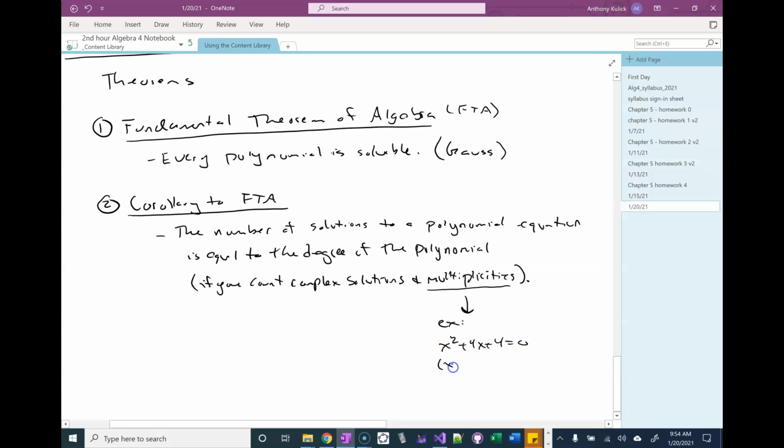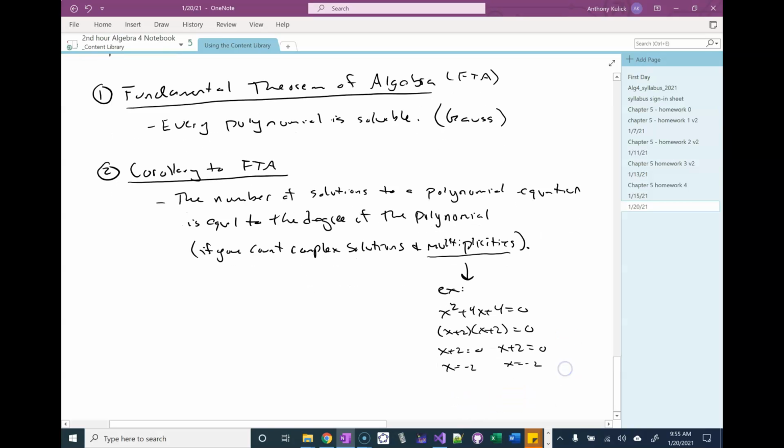You could solve that by factoring, right? That factors to x plus 2 times x plus 2. You can then set each of those equal to 0 and solve. And you get that x is equal to -2. Twice, right?